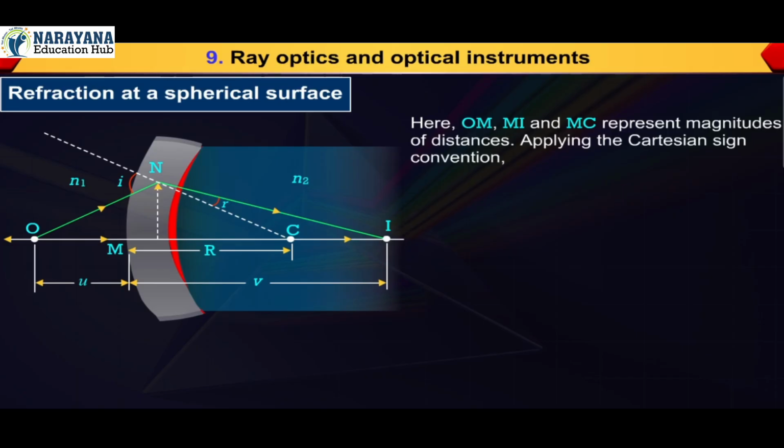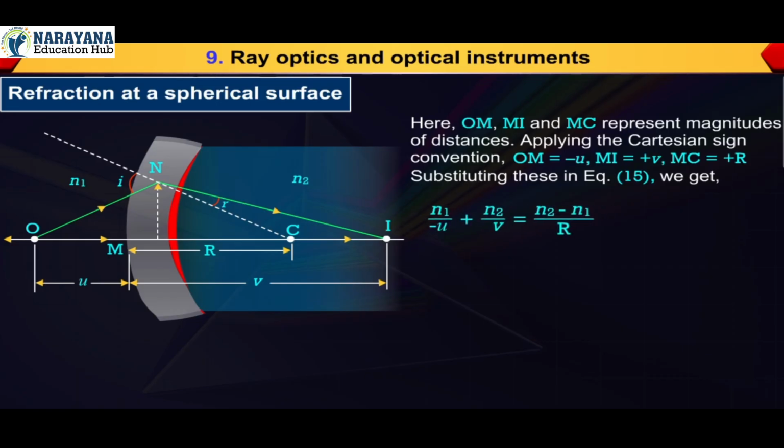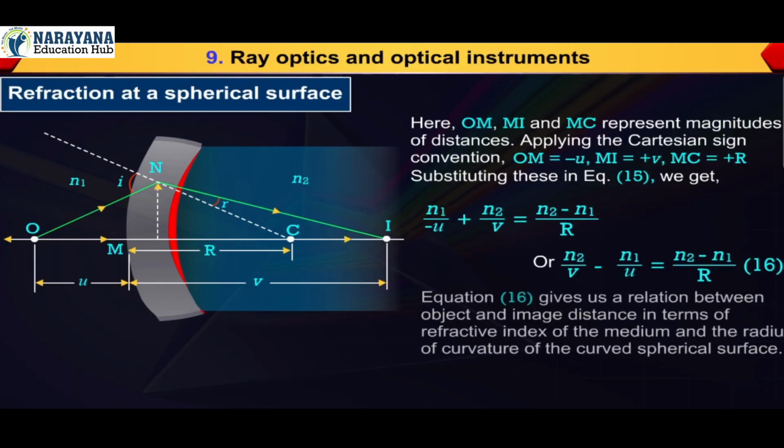Applying the Cartesian sign convention, OM is equal to minus u, MI is equal to plus v, MC is equal to plus R. Substituting this in equation 15, we get n1 upon minus u plus n2 upon v is equal to n2 minus n1 upon R, or n2 upon v minus n1 upon u is equal to n2 minus n1 upon R. Equation 16.